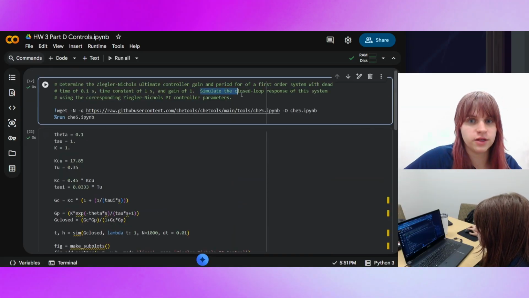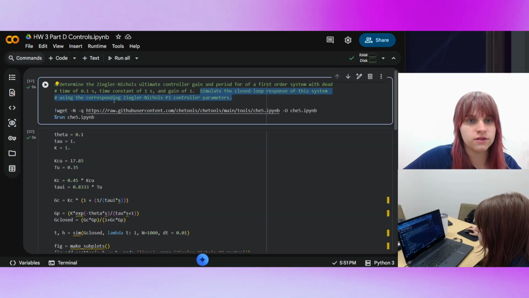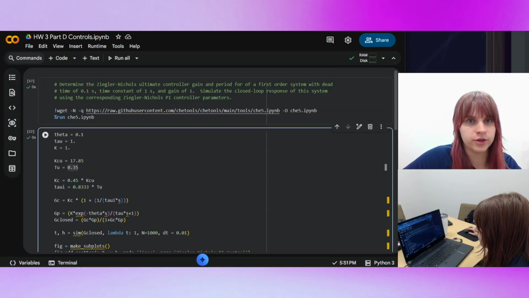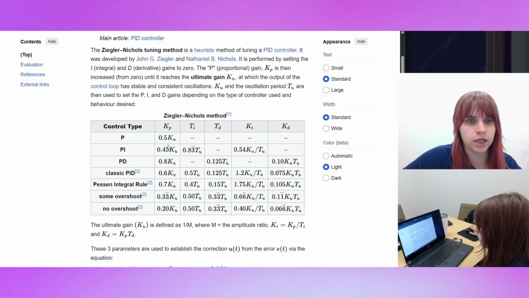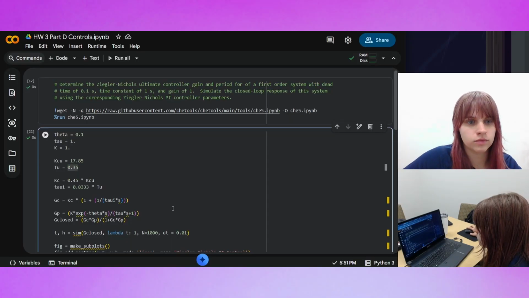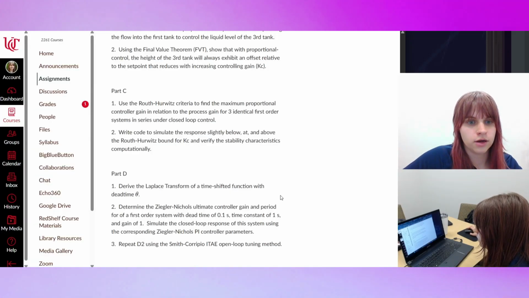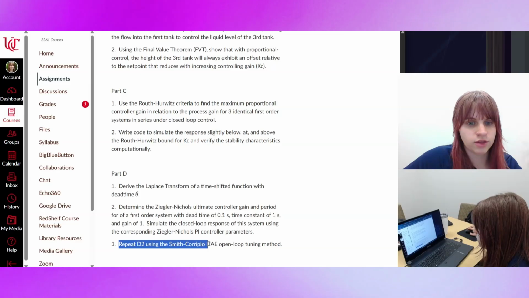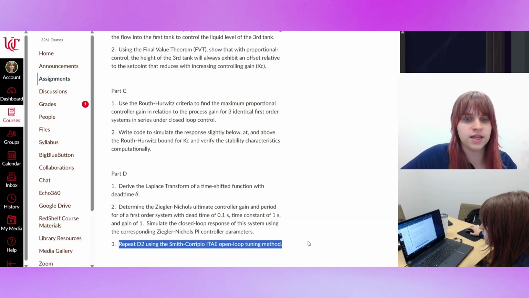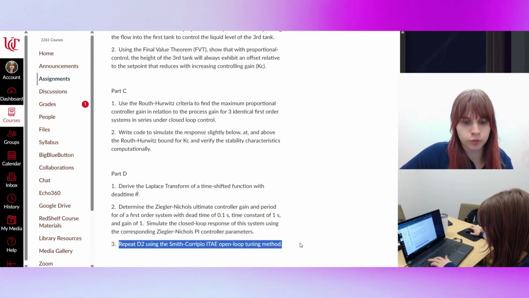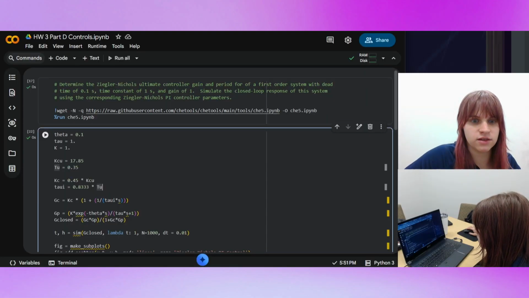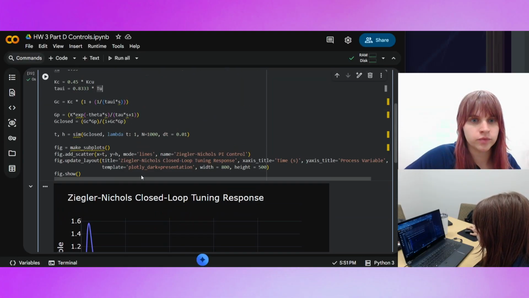So that is our simulation of the closed loop response of this system using the Ziegler-Nichols control parameters that I kind of went into detail through right here. Our next step is to repeat D2, but we want to use the Smith-Corripio ITAE open loop tuning method instead of the Ziegler-Nichols tuning method.